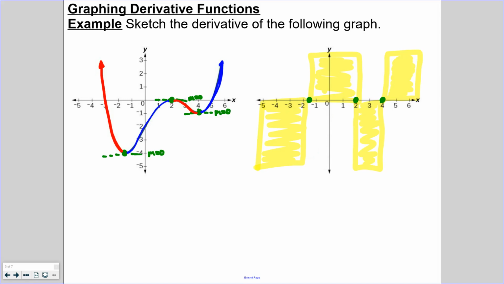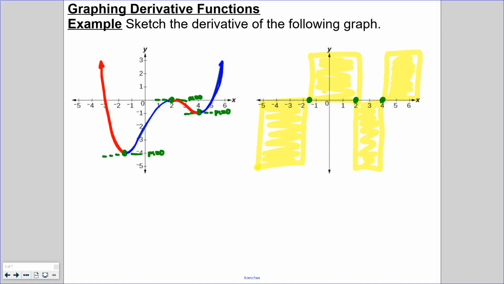Now, we're given a polynomial, and with the polynomial, we know that the slope changes everywhere. If we look at our first negative piece over here, we can see that our slope starts out pretty steep, but with a negative slope.